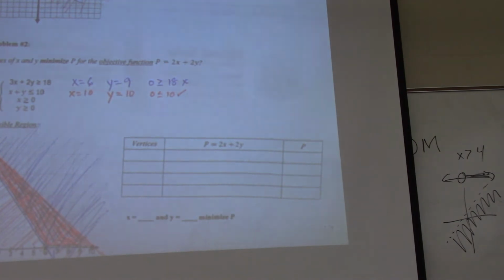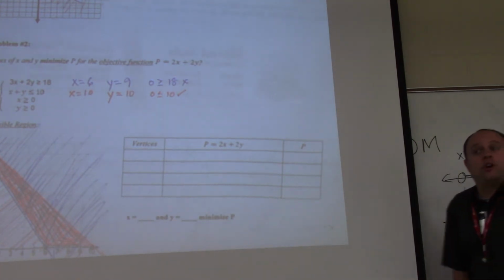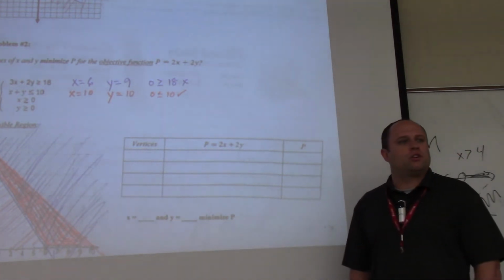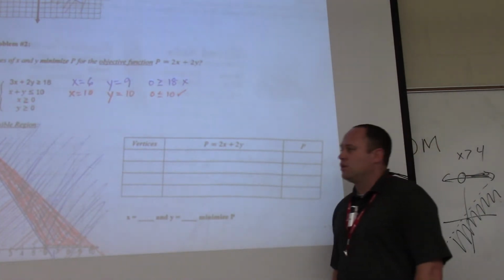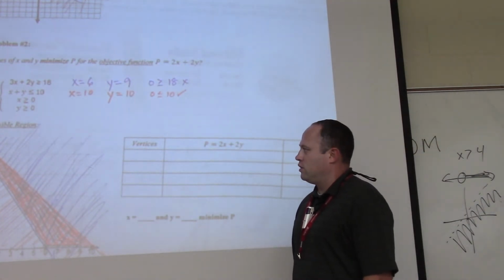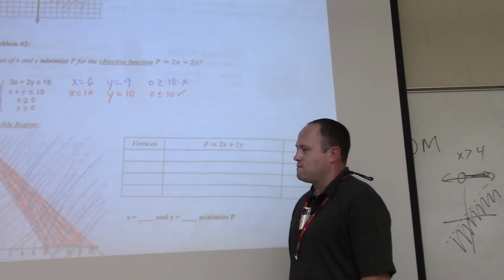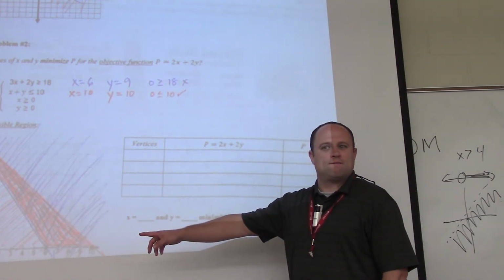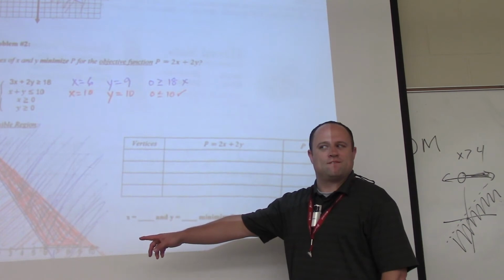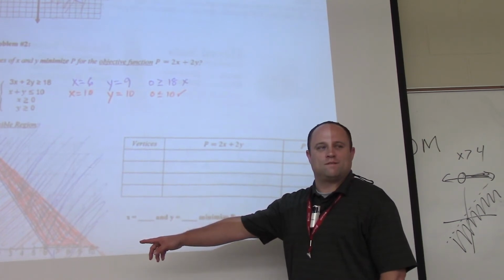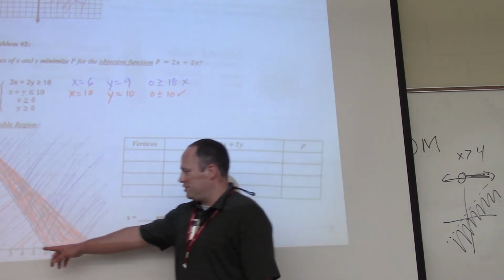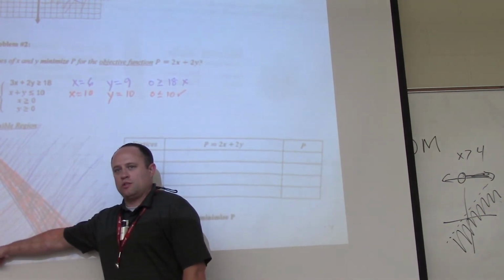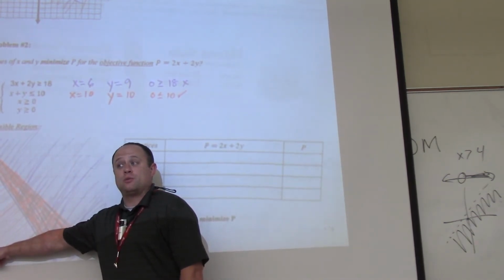Can you still see points of intersection here? The corners? What are the corners? Can anybody come up here and point to a corner? Is that a corner? Is that a corner of my region though?